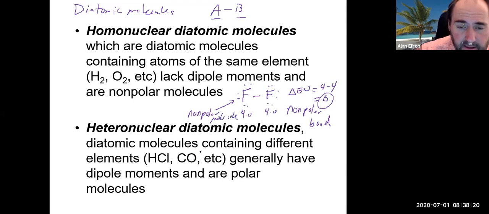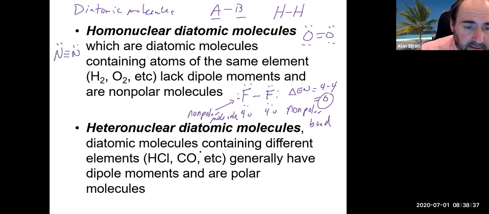So anytime you have a diatomic molecule with the same atom on each side, regardless of whether it's single bonded, double bonded, or triple bonded, these are all going to be nonpolar molecules.